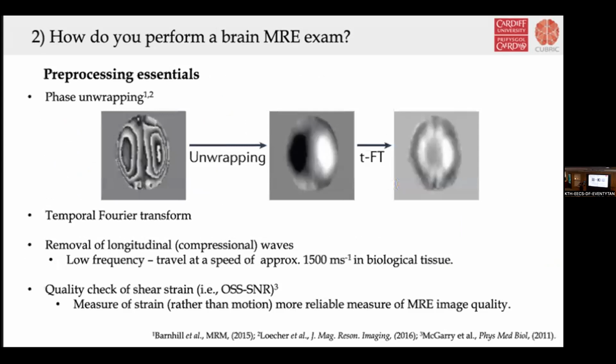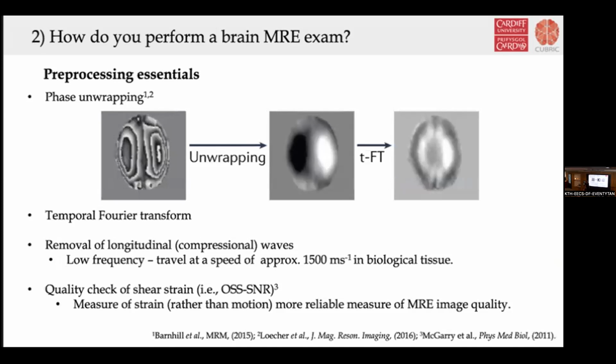So after we obtain the raw phase or the displacement images, they must go through several processes prior to analysis, and that's to remove any unwanted noise. While we need a sufficient amplitude of vibration to produce waves deep into the brain, too great an amplitude can cause heavy phase wrap.